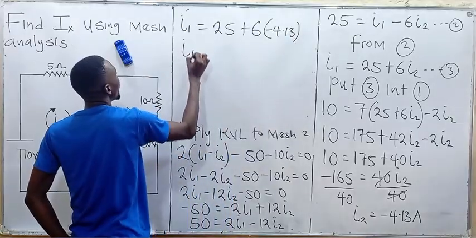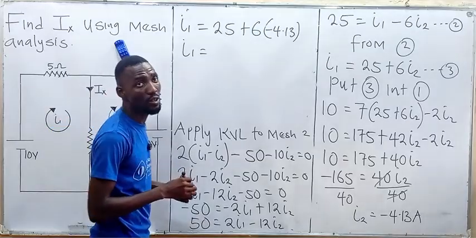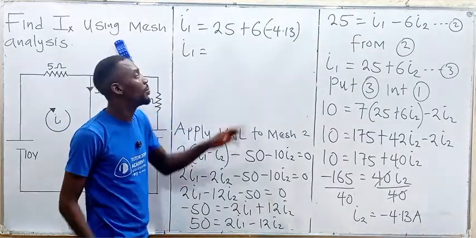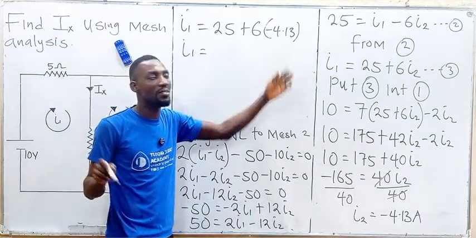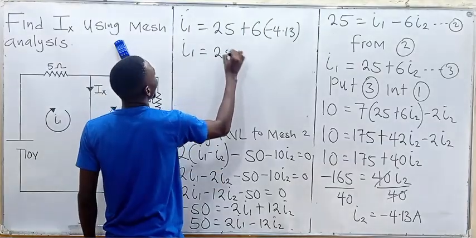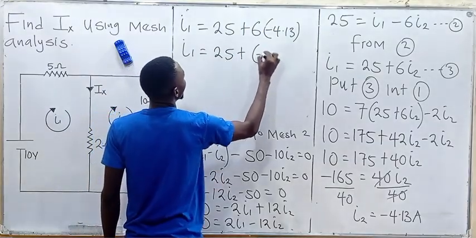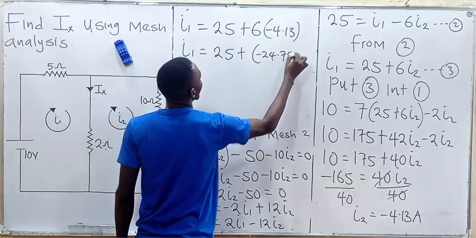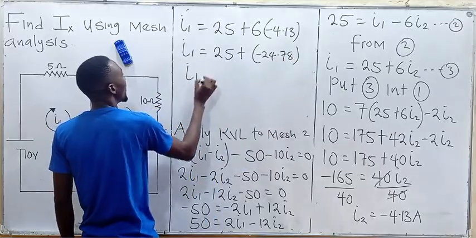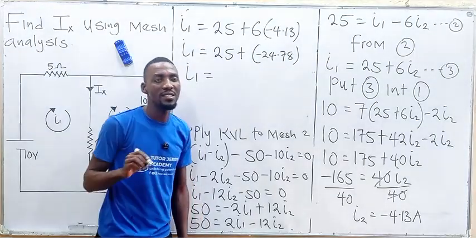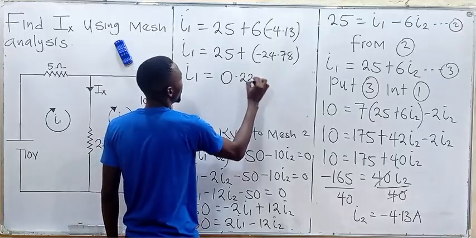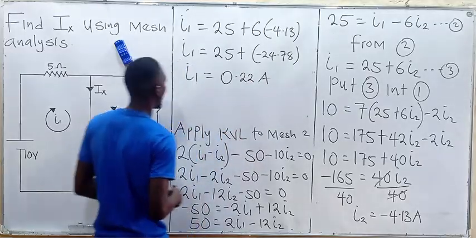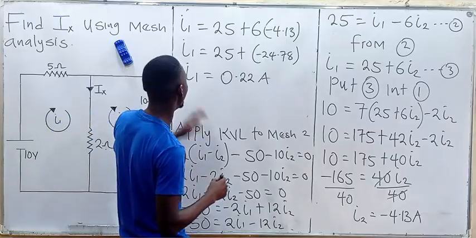So if you press this in your calculator, you are going to have negative 24.78. That is 25 plus minus 24.78. So if you add that together, you are going to get 0.22 ampere. All right, so that's what we have. We are done with the mesh current.